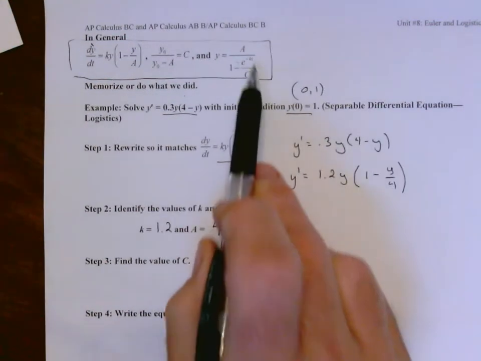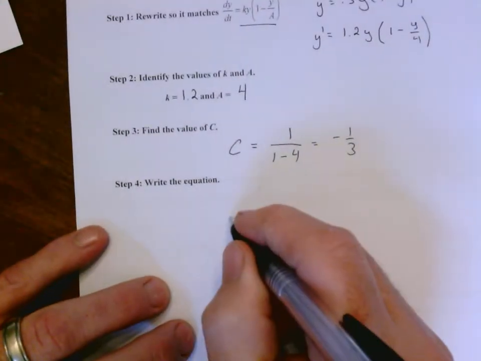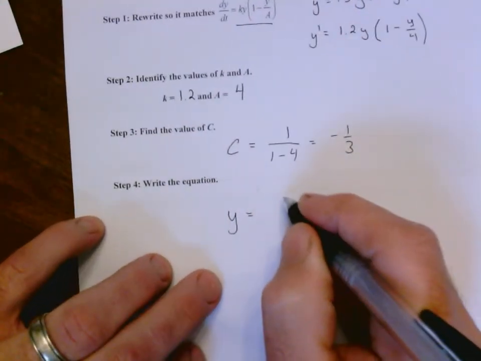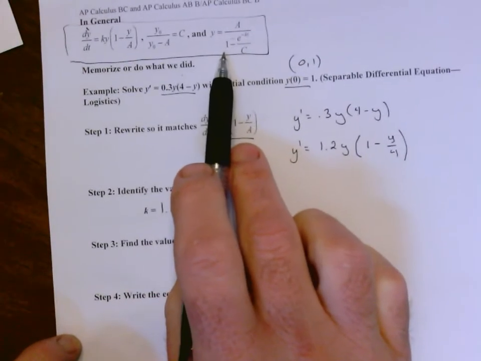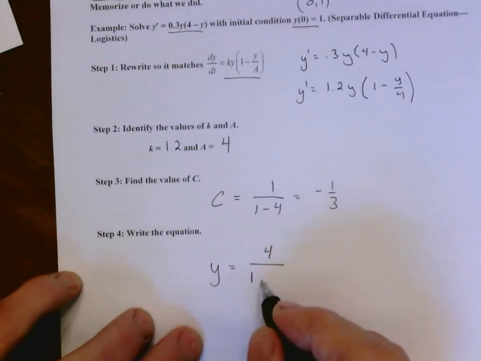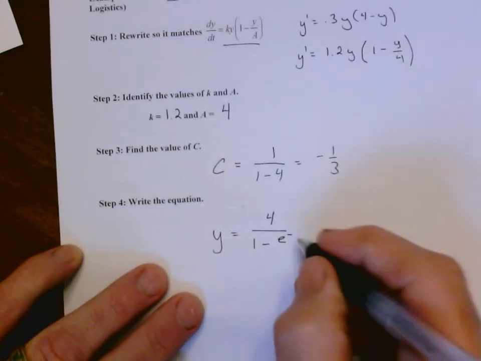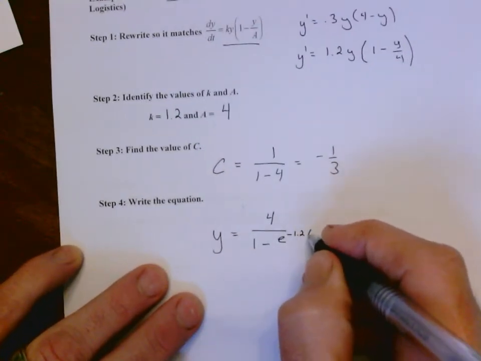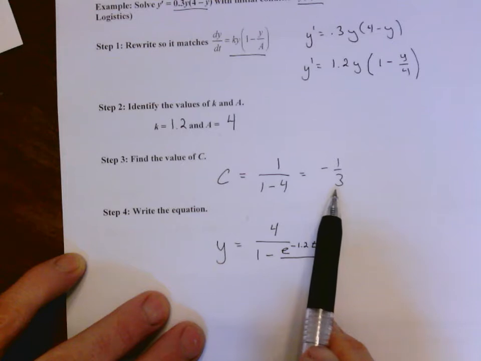Now I'm just going to rewrite this equation using all this information. So I have Y is equal to A, which is 4, all over 1 minus e to the negative k, and k is 1.2, so negative 1.2t, all over c, and c we've determined to be negative 1/3.